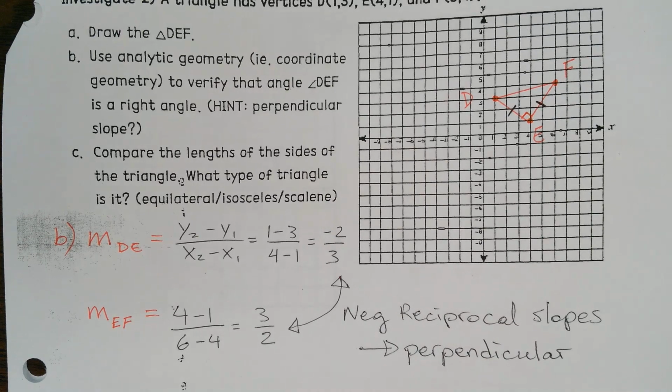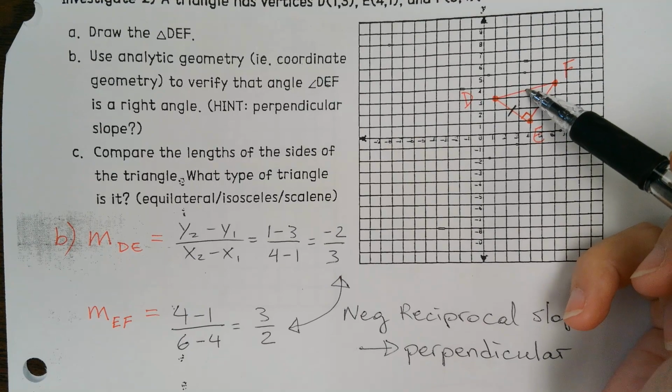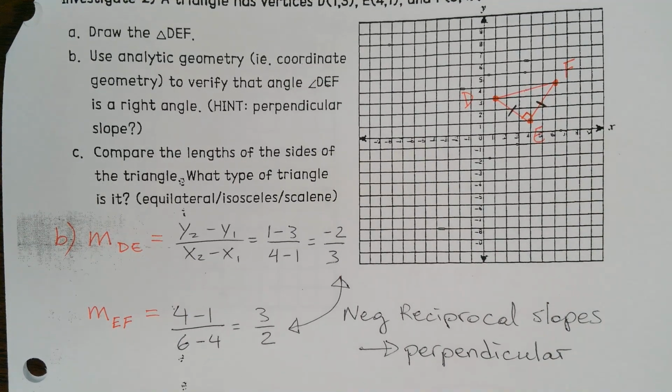But think further. Why don't I need to know the length of this? You can look at it and say that, but you're not going to get the mark on the test if you say it looks like it. Victor? Equilateral triangles don't have right angles. Perfect. In an equilateral triangle, each angle is 60.